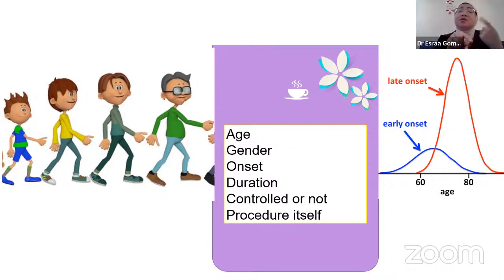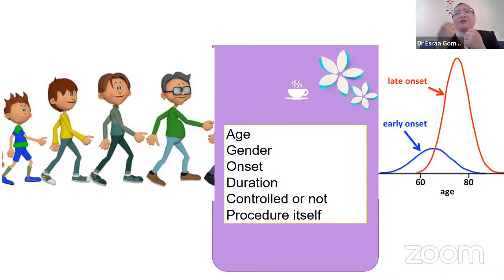Because there are other situations that may complicate your implant surgery or implant success. For example, females have a higher risk of osteoporosis after a certain age. So if you are going to offer an implant to a diabetic female patient who has osteoporosis, you have to be aware of the success.